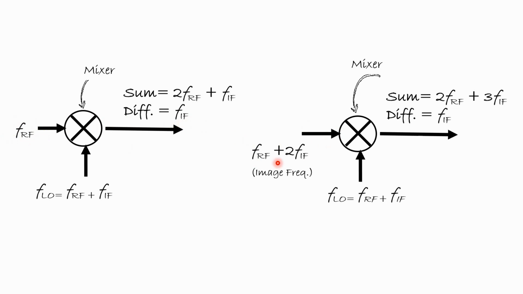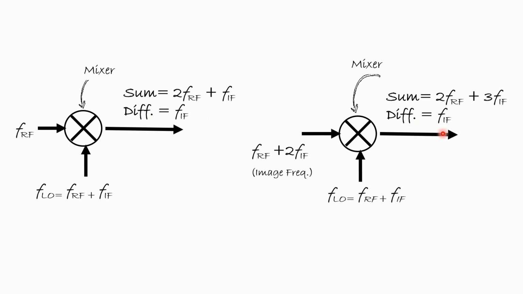If the input signal is FRF plus twice IF, which is known as the image frequency, which is different from our original required information signal, then also the difference frequency is FIF. So here it is a problem, because in both cases the difference frequency is FIF.